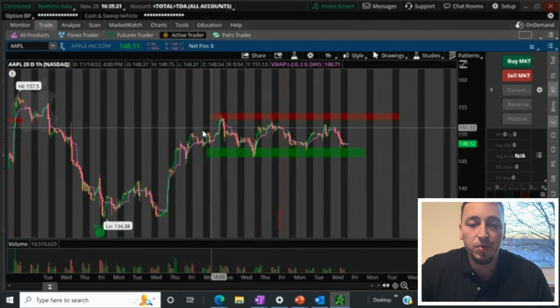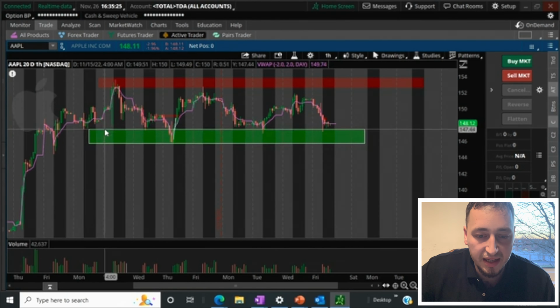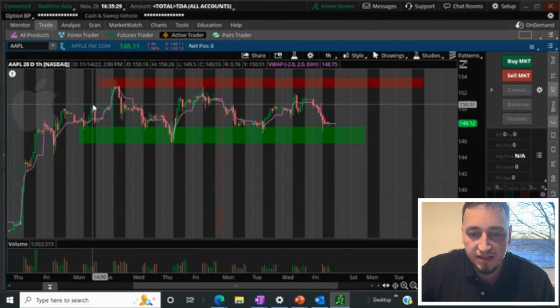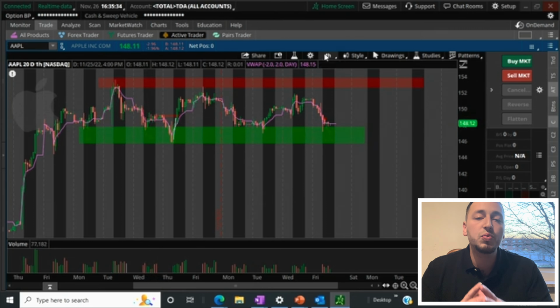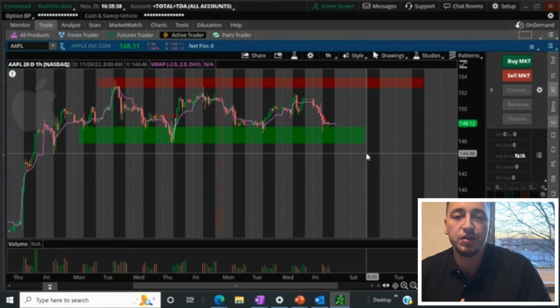So now this is what we're looking at. As you can see, every time price came into here, buyers rejected it, right? Price comes into this area, buyers reject it. So that's why I use the term high probability market reversal, right?